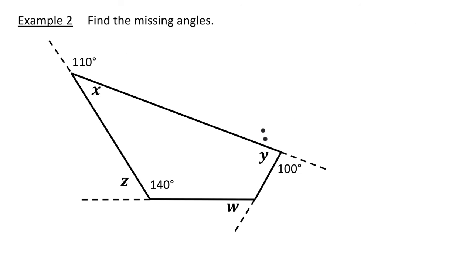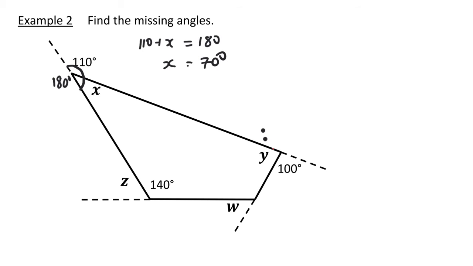Example 2, find the missing angles. So first of all, if we work with x, what we know is that this is a straight line, so the angles must add up to 180 degrees. So 110 plus x equals 180, so x then is going to be 70 degrees.